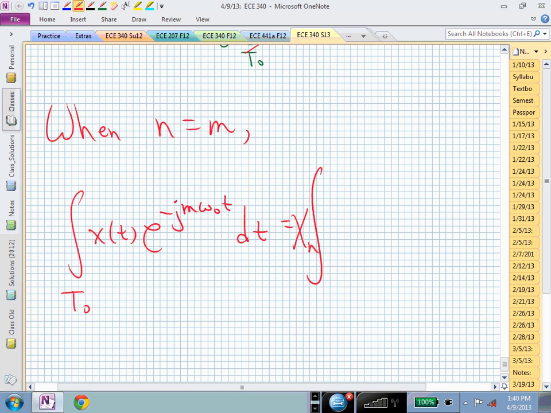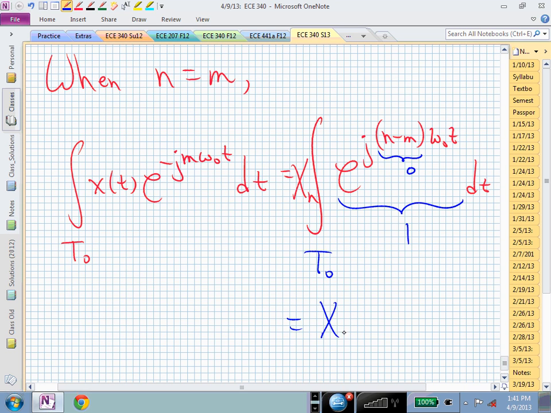Capital X sub n is now e to the j n minus m omega naught t dt. But we said n was equal to m. That now becomes 0. We have e to the j 0. What's this piece? That's 1. And we're integrating over t naught. So this now becomes x sub n t naught.